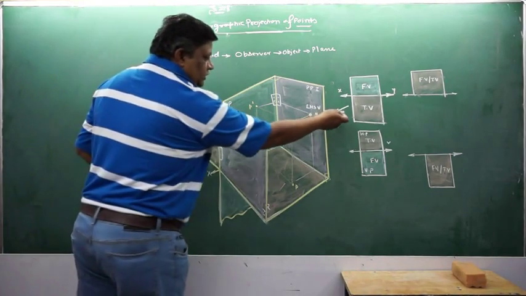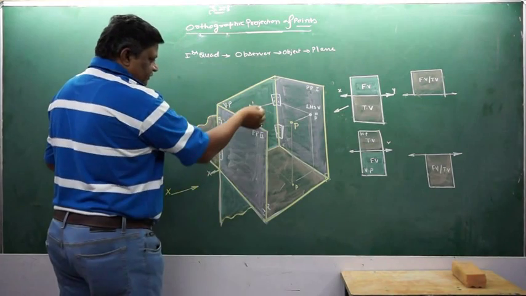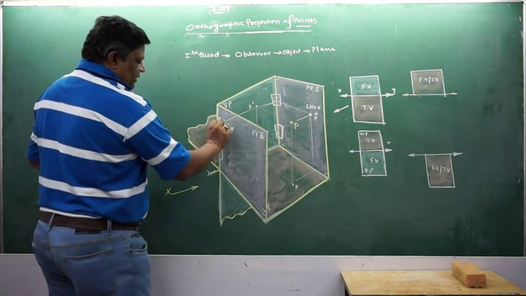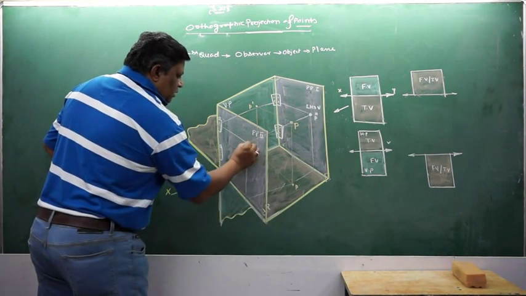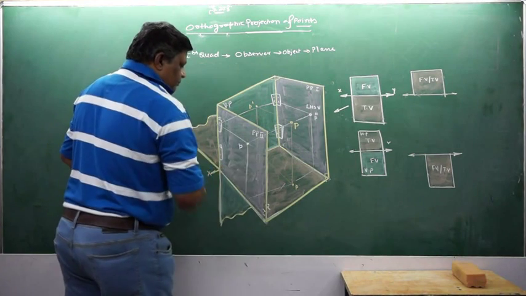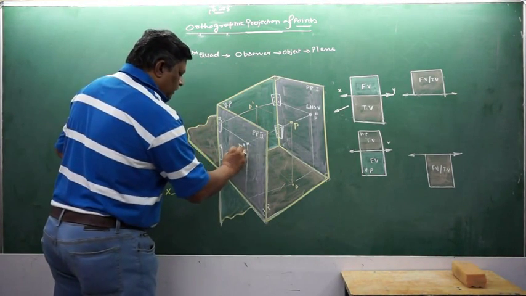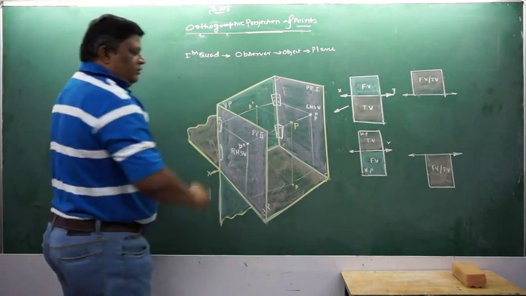Whereas when you talk about this part, this is observer, object and the projection will be coming on this plane now like this. And what we have is P triple dash, the right hand side view.